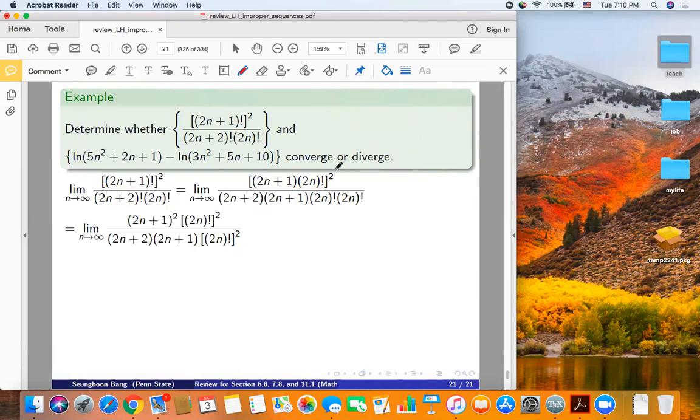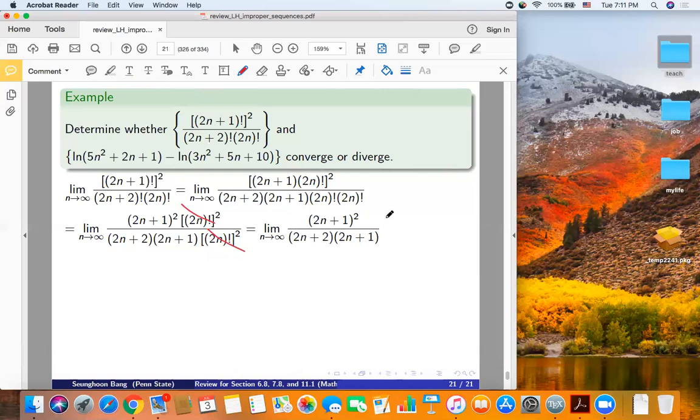Next, distribute the square: (2n plus 1) squared times (2n factorial) squared, over (2n plus 2) times (2n plus 1) times 2n factorial times 2n factorial, which is (2n factorial) squared. Next, cross out (2n factorial) squared. We have the limit of (2n plus 1) squared over (2n plus 2) times (2n plus 1).